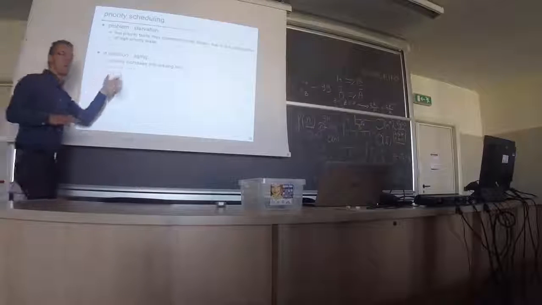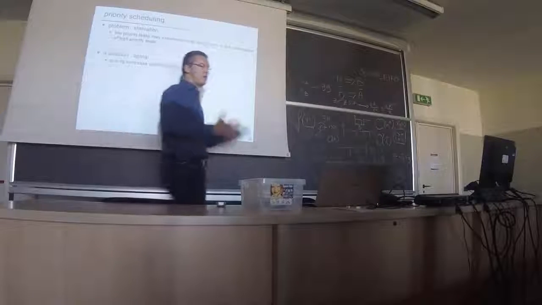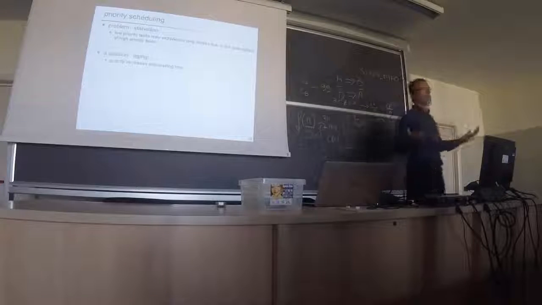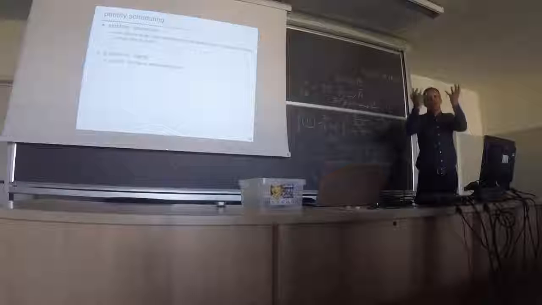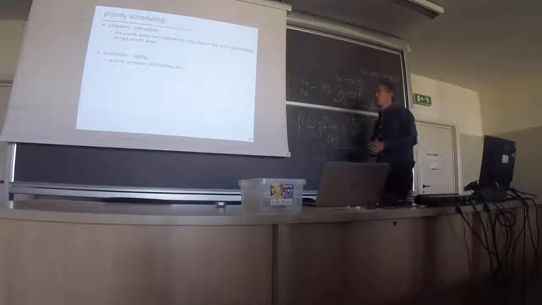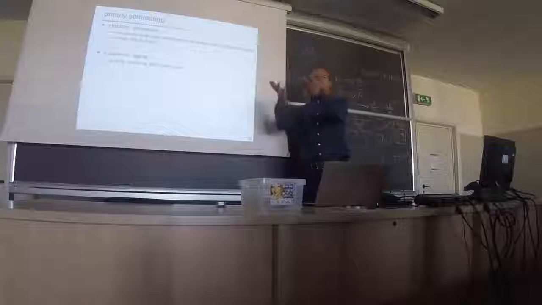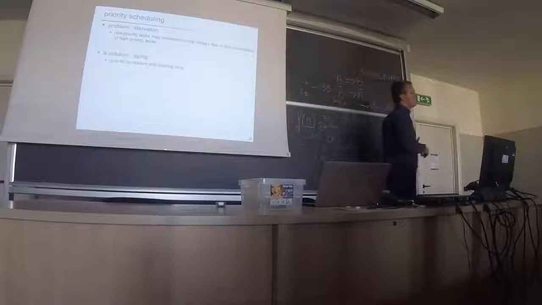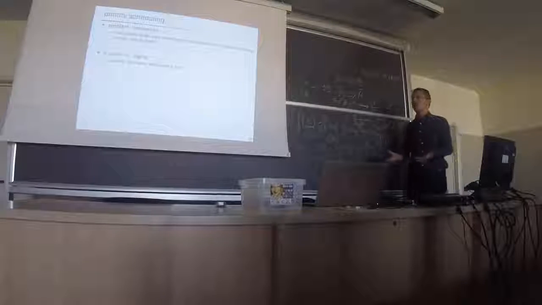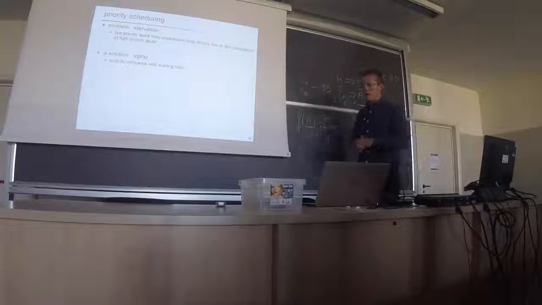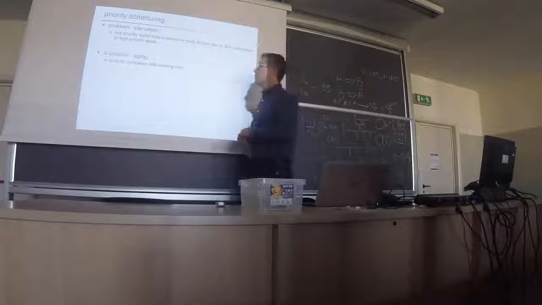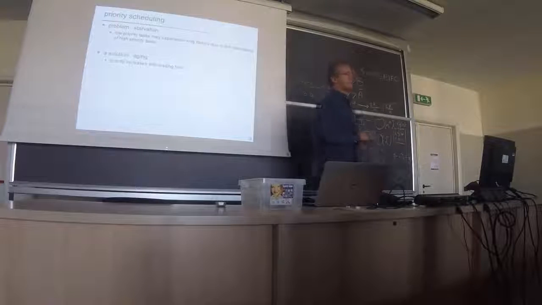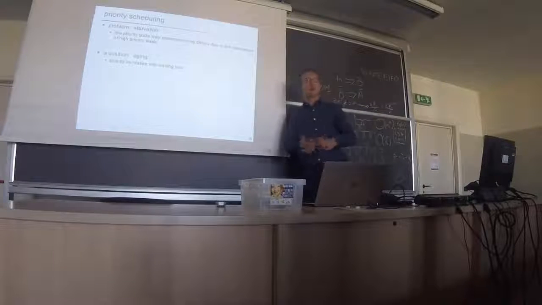I don't use that much, but it's an option. If I want to allow a low priority task not to starve too much, I may increase its priority if I'm not executing it for a long while, okay? In previous schedulers that have been implemented in Linux and other systems, there was this kind of aging solution to the problem that increases the priorities of low priority tasks for avoiding them to starve.